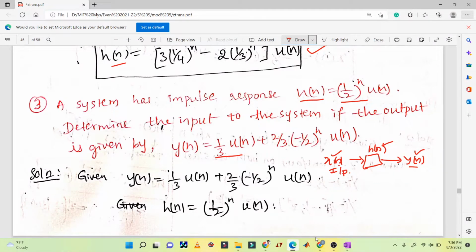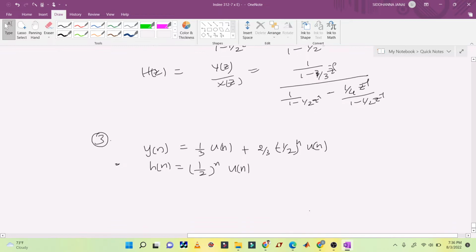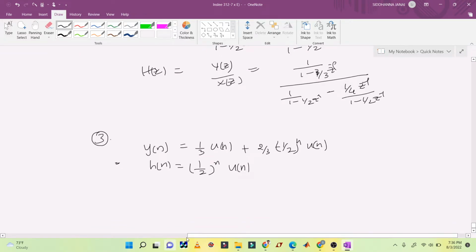And h of n is equal to 1 by 2 to the power n u of n. So for this system function and output, we need to find out what is x of n.